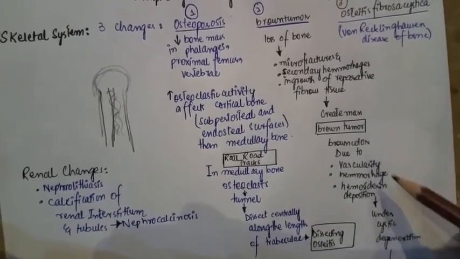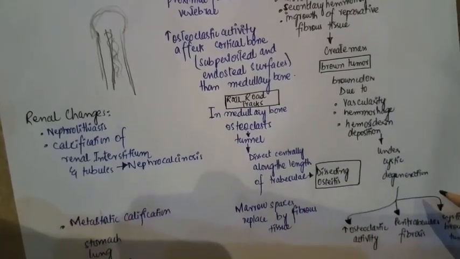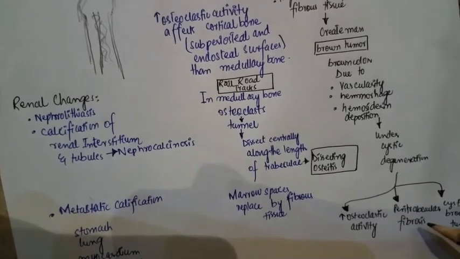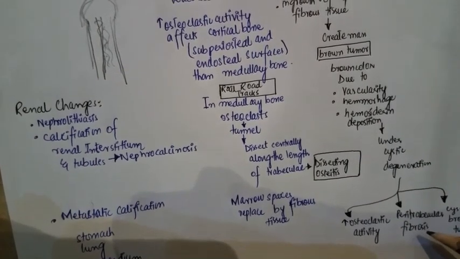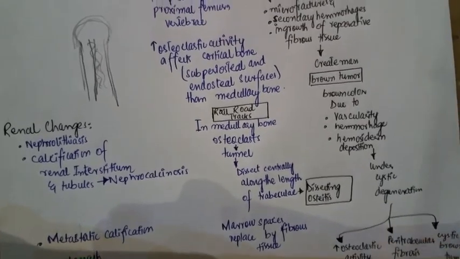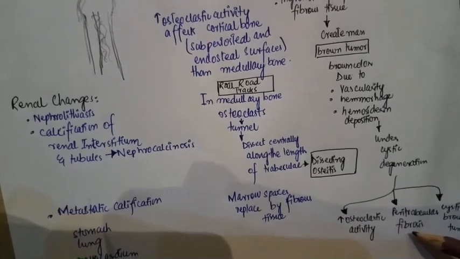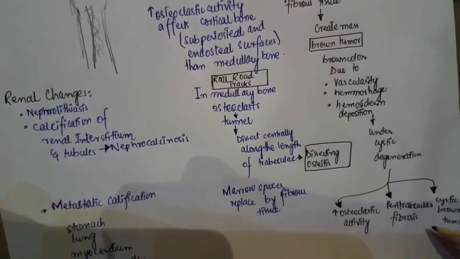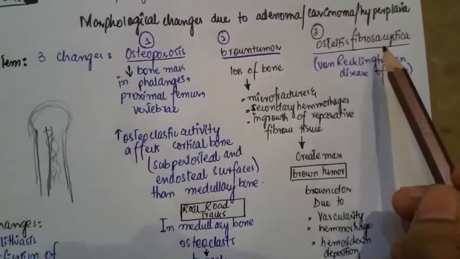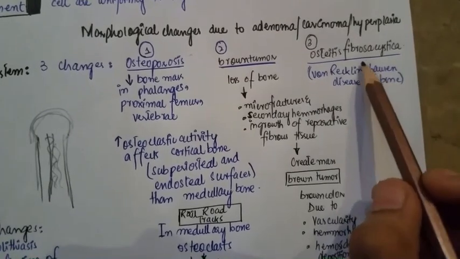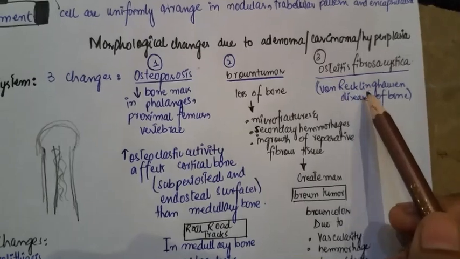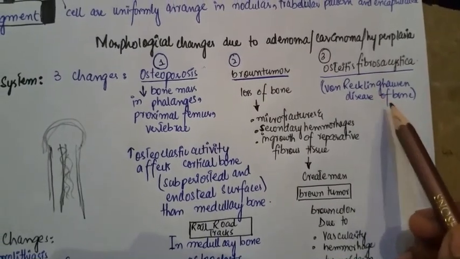These brown tumors undergo cystic degeneration and form three effects: increased osteoclastic activity, peritrabecular fibrosis and cystic brown tumors. These are all known as osteitis fibrosa cystica. The other name is von Recklinghausen disease of bone.